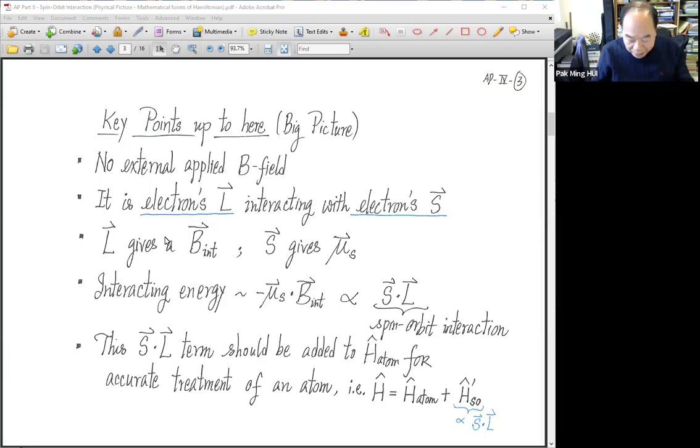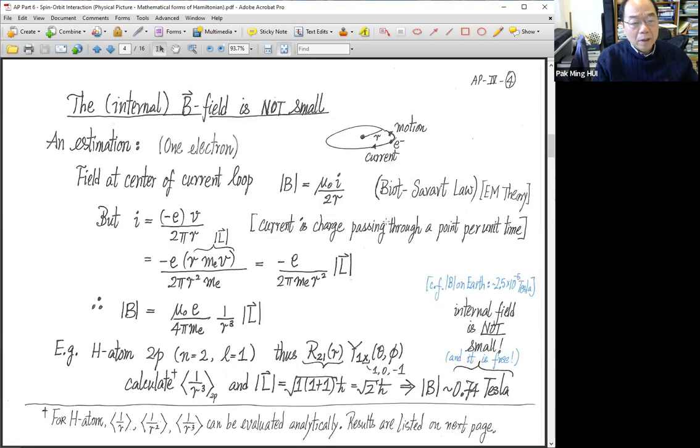So let's get back to our discussion on the spin-orbit interaction. Here, I would like to give a qualitative discussion first, and then there are a few pages that are slightly more quantitative.